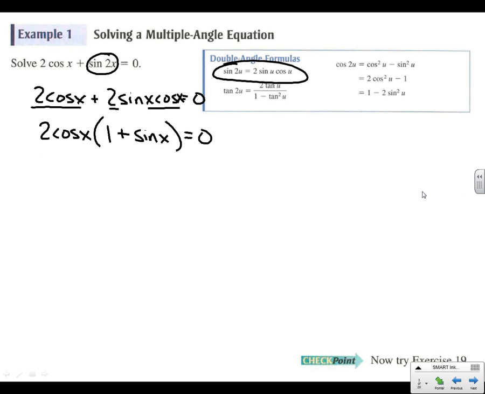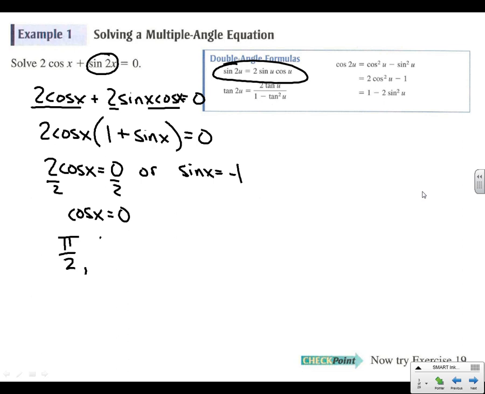And so now we can solve: 2 cos x equals 0, or sine x equals -1. We can divide by 2 here and still have cos x equals 0. On the unit circle, where are the x values equal to 0? That's going to be at pi over 2 and at 3 pi over 2. And where are the y values equal to -1?